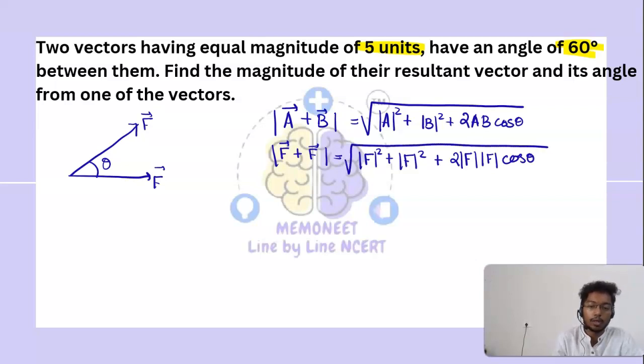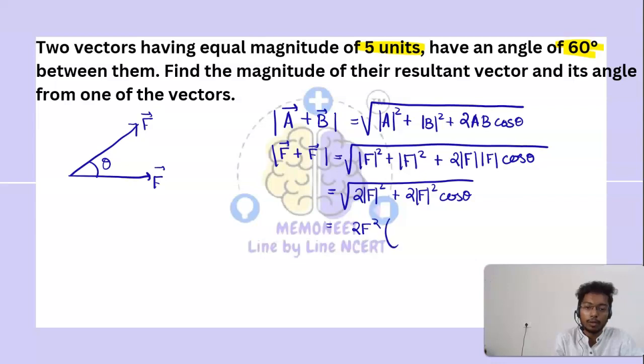This will be equal to the square root of 2f square plus 2f square cos theta, so we can write the square root of 2f square whole into 1 plus cos theta.